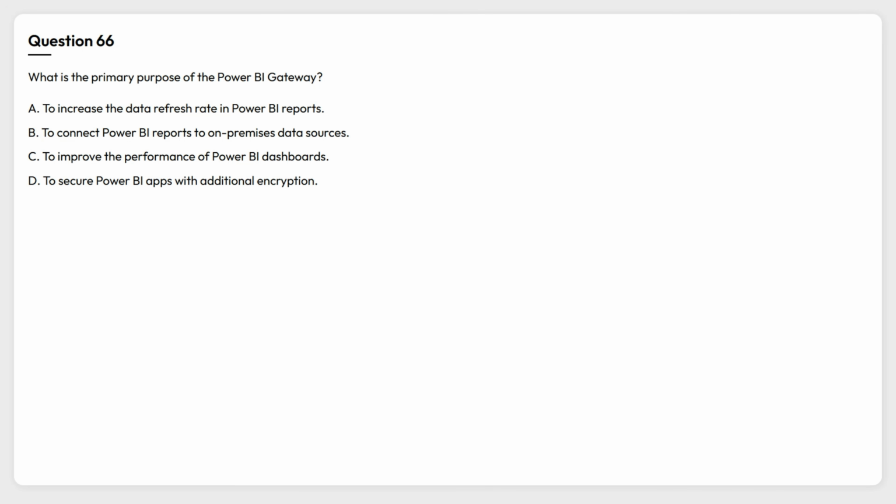Option C. To improve the performance of Power BI dashboard. Option D. To secure Power BI apps with additional encryption. The correct answer is option B. To connect Power BI reports to on-premises data sources.